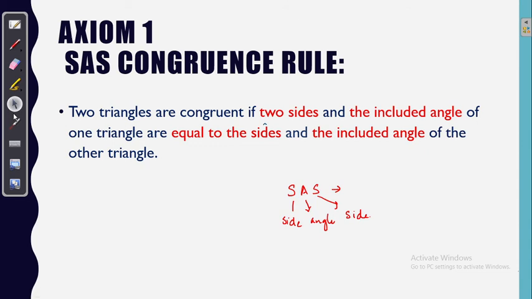Okay, Supraja, can you read? Two triangles are congruent if two sides and the included angle of one triangle are equal to the sides and the included angle of the other triangle. Yes, please make a note of this. So this is nothing but the SAS congruence rule.